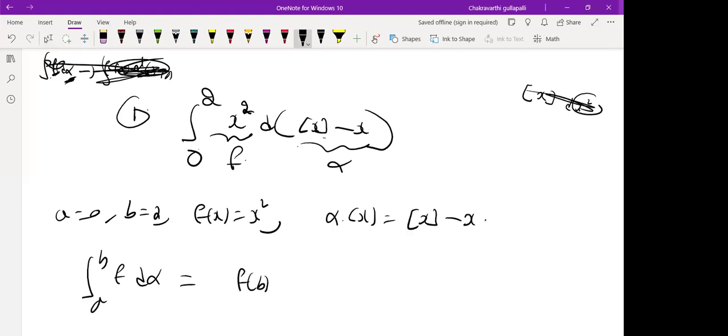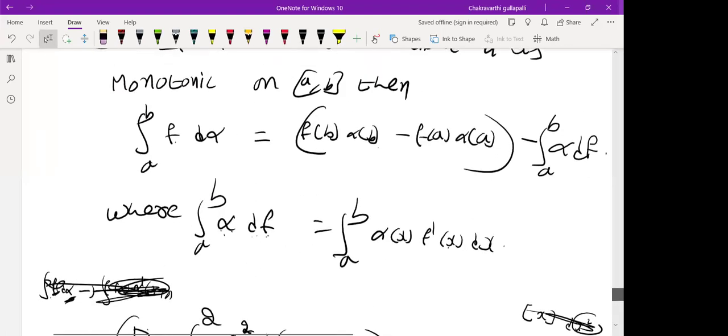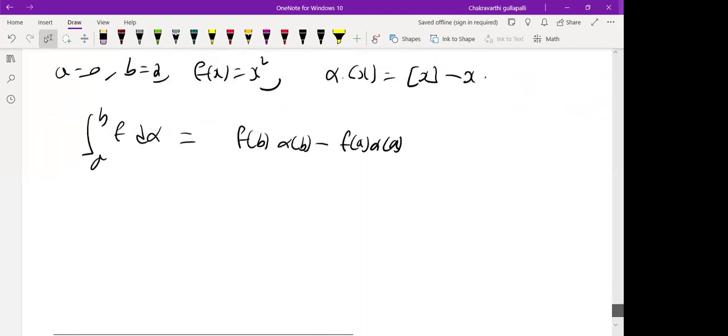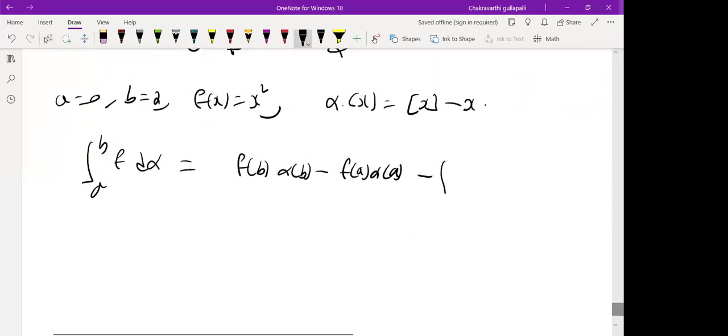It is f b alpha b minus f a alpha a, the previous formula, minus the integral from a to b of alpha df. Here f is differentiable, alpha is not differentiable, f dash x exists.